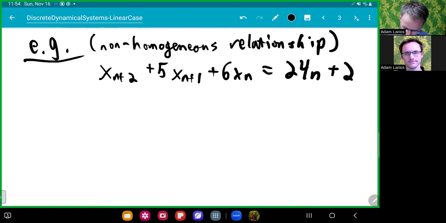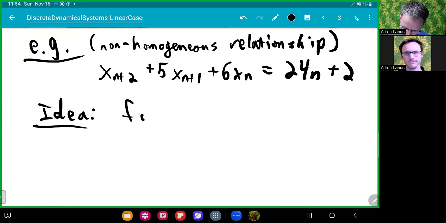I won't give initial conditions right now because this one's already a little bit involved, but if you had two initial conditions, you could use those to get a completely finalized version of this solution. But now we'll just get a general solution to the equation. And the idea we borrow directly from ordinary differential equations.